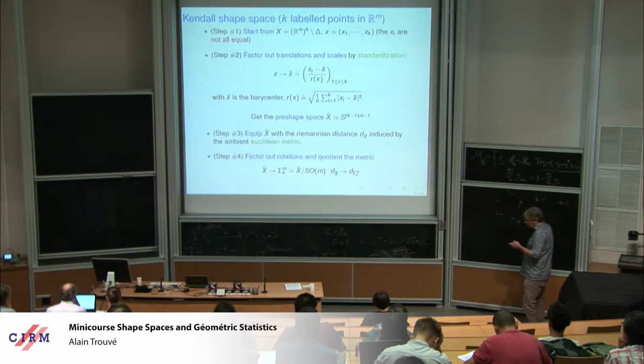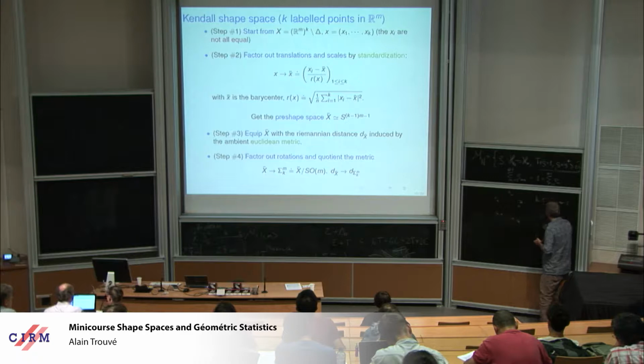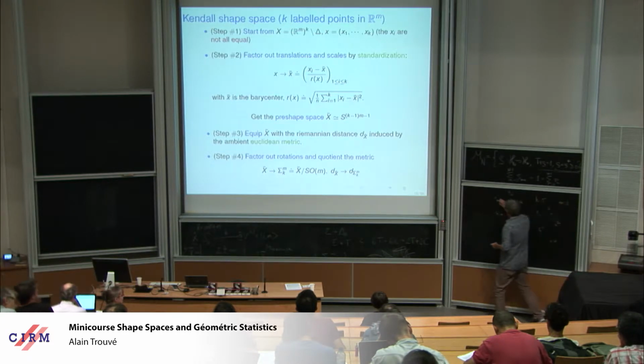So if you rotate all the points, if you have two such shapes, now if you want to understand what this isometric action is, it means that if you have two different shapes like that, just to be as concrete as I can, you have this shape and this one.